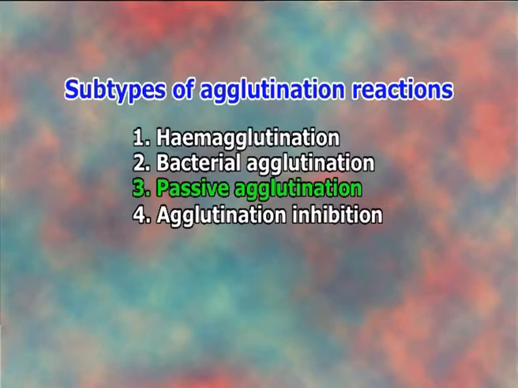Passive agglutination. The sensitivity and simplicity of agglutination reactions can be extended to soluble antigens by the technique of passive heme agglutination.